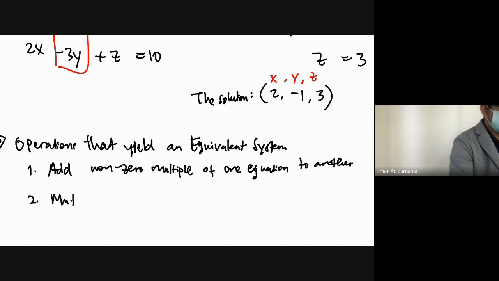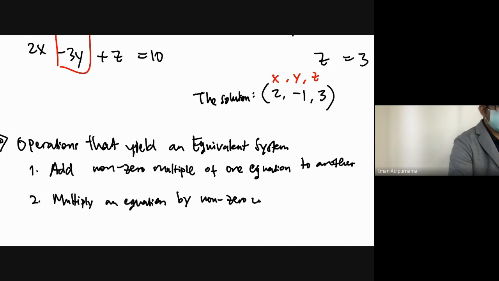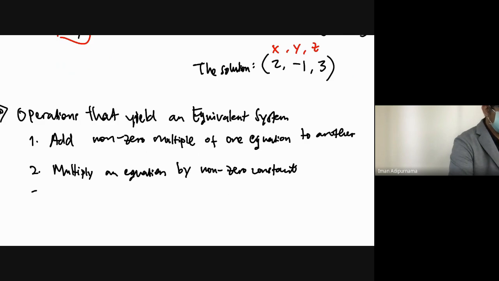Two, multiply an equation by a non-zero constant. And three, you can interchange the positions of the equations.